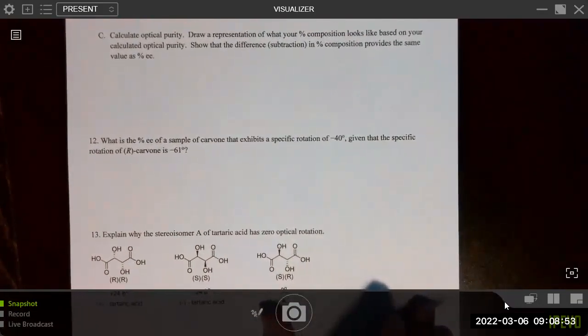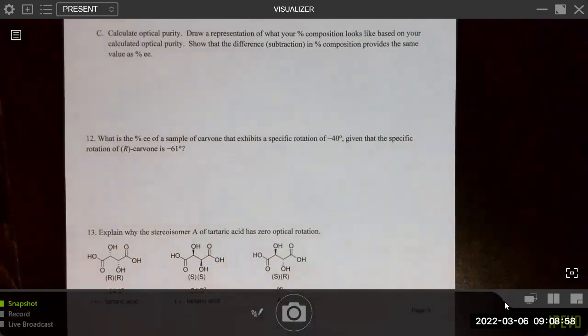And then now it says calculate the optical purity. Remember, we're going to use that equation that we saw on the last page.